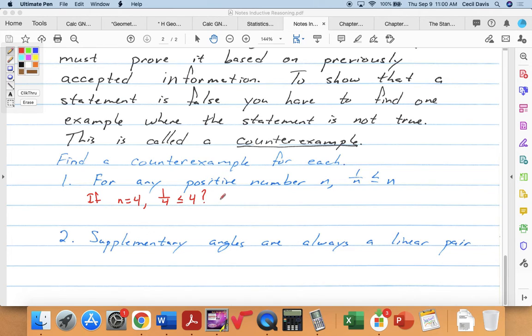Yes. Is this a counterexample? No. This is an example. You have showed how sometimes it works. I want a counterexample. So I want a number that makes this not true.